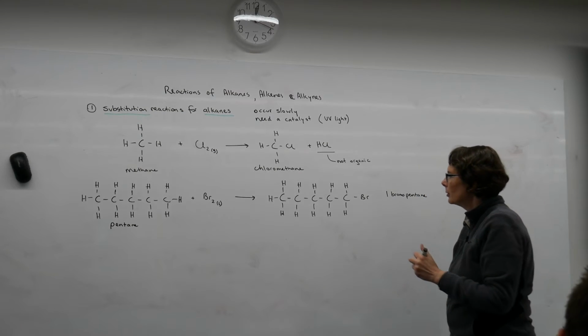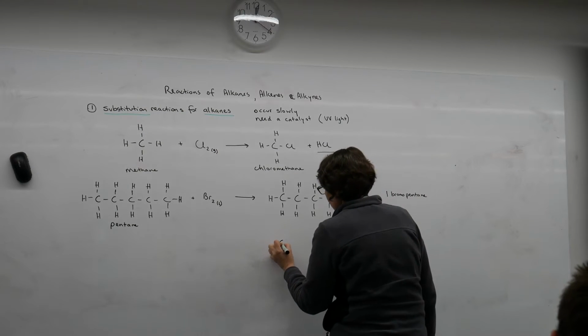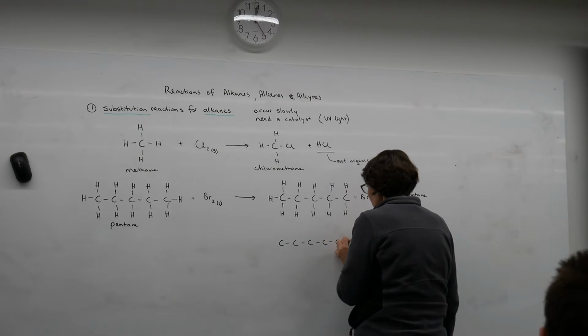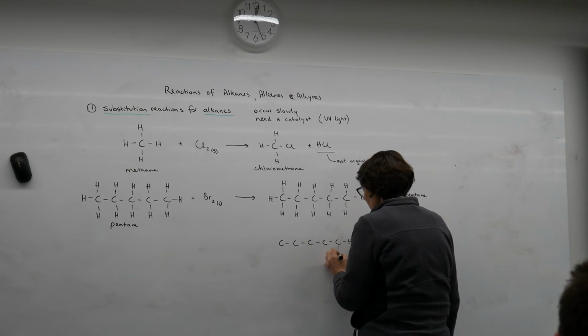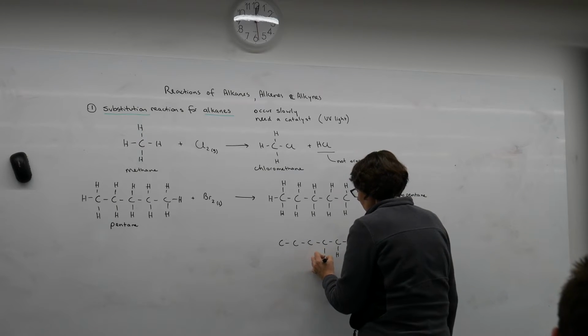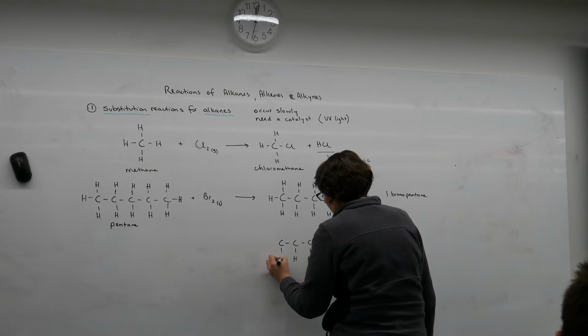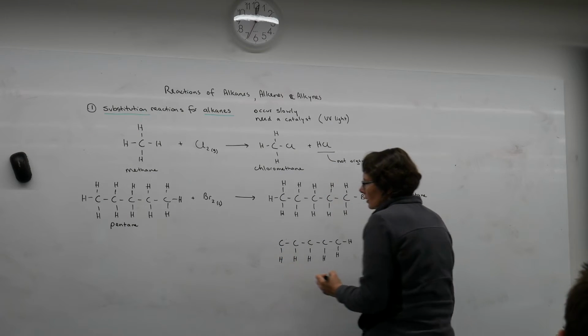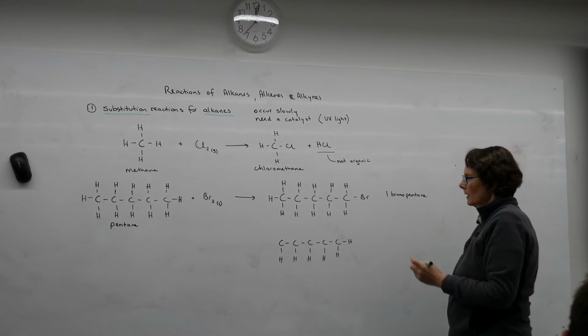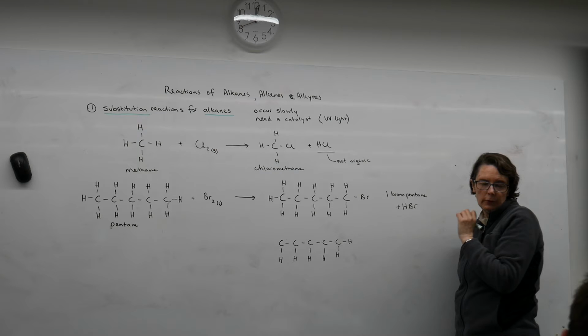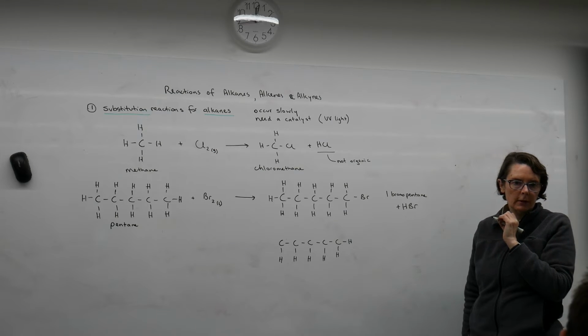Where else could that bromine end up? Question. Since there's two, it's being reacted with two bromos, would that bromopentane need to have two bromos in it as well? Well, the other product from that is hydrogen bromide.